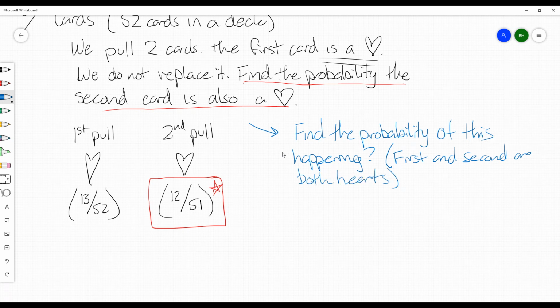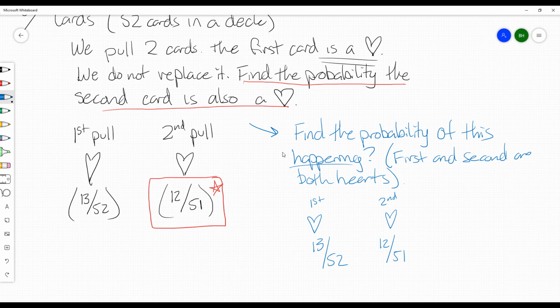This is where now you would need to take into account the first pull is a heart. You have 13 out of 52. And then the second is a heart. What is the probability of this happening? I'm not looking for the probability the second card is also a heart. The probability of this happening.